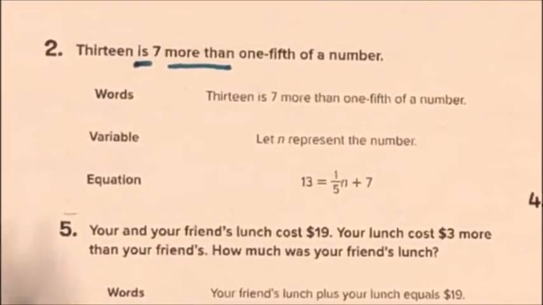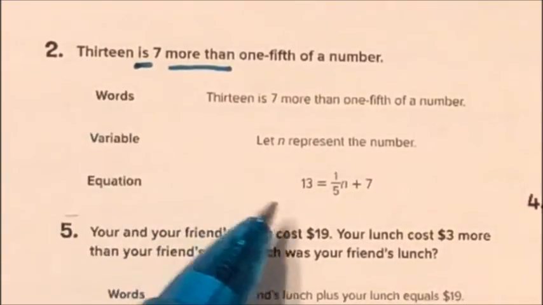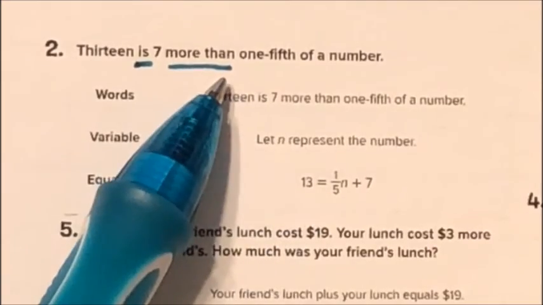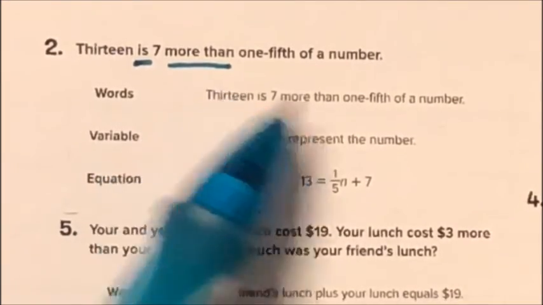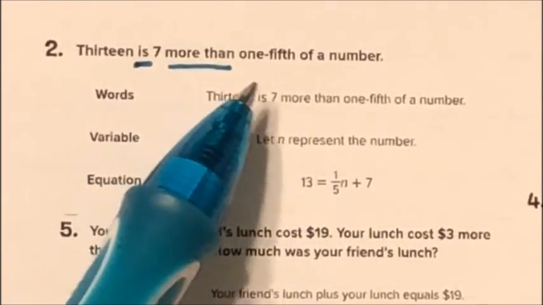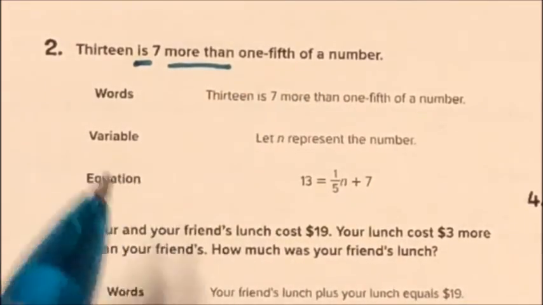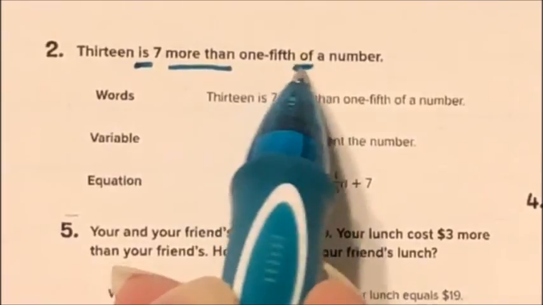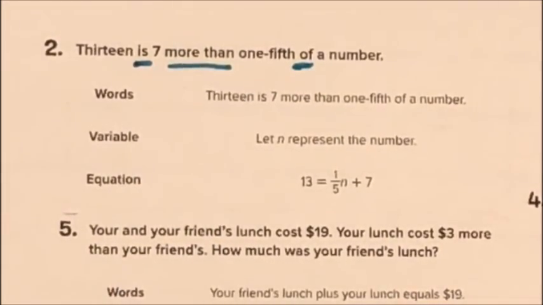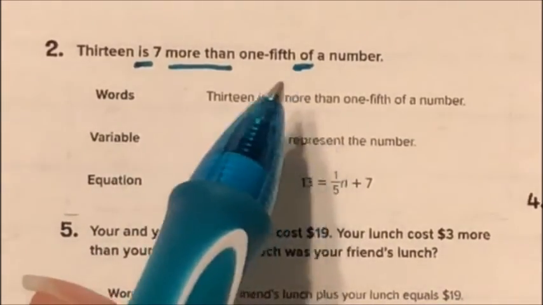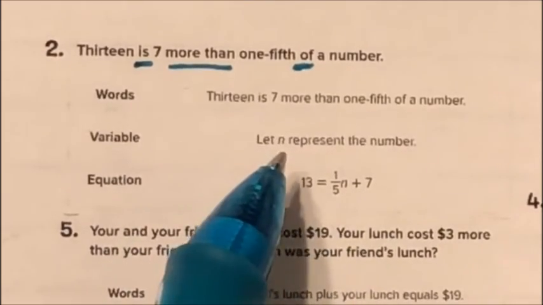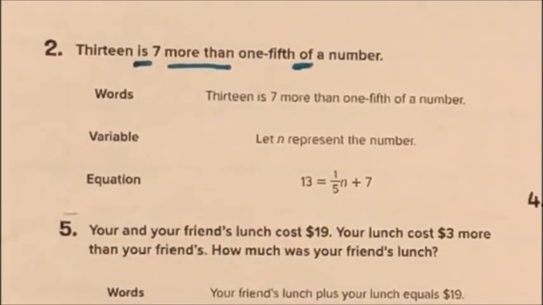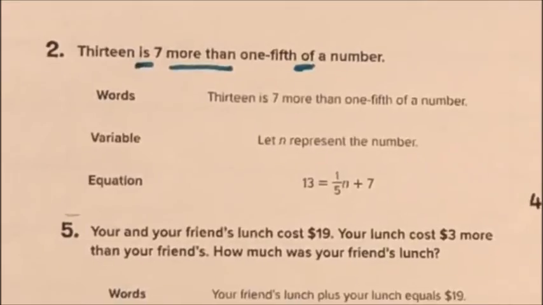So 13 is 7 more than, right? So plus 7, 1/5 of a number. Of means multiply, just in case you forgot. So is equals, of is multiply. So 1/5 of a number, so 1/5 of n. So 1/5 times n.